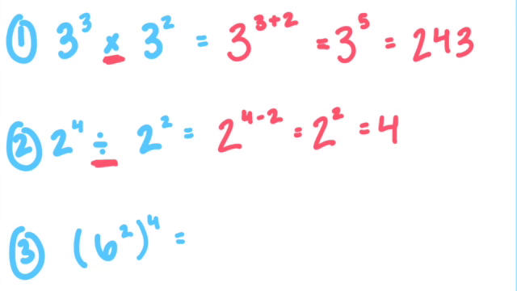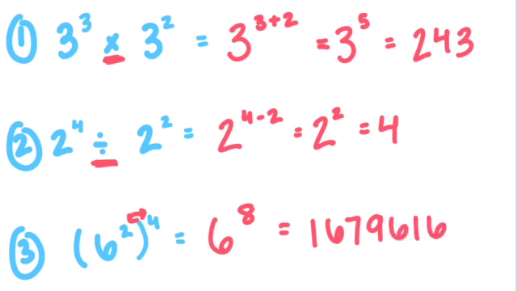For the third one, you have to use power rule. 4 times 2 is 8. So 6 to the 8th power is 1,679,616.